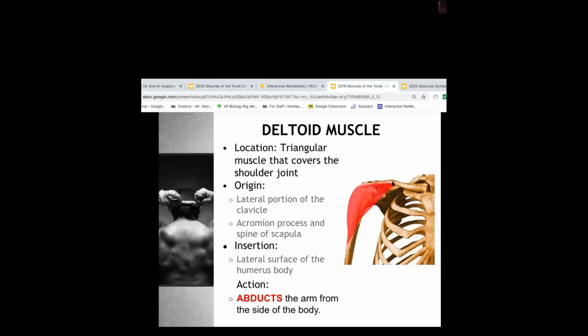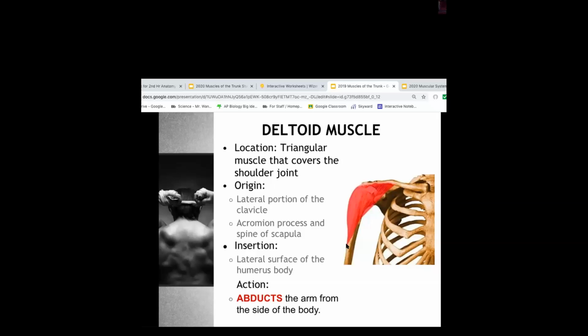It's the distal portion of the clavicle, and also the acromion process. Remember, we followed the spinous process until it flattened out on top, the acromion process, and the spine of the scapula. So you have kind of a long origin here and on the back side. The insertion is a single point on the humerus.